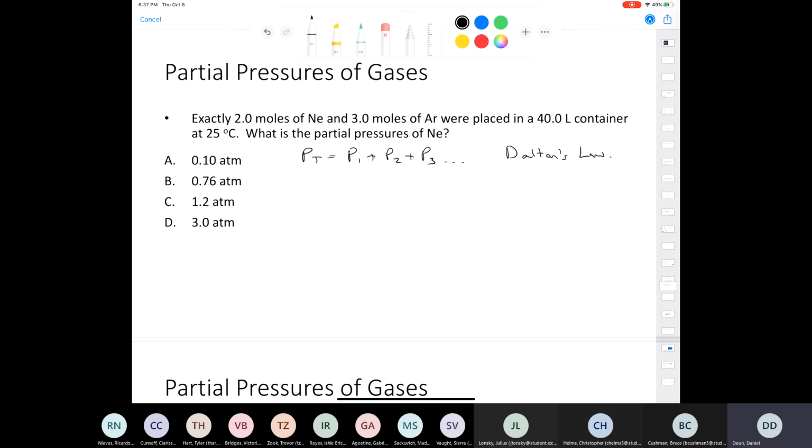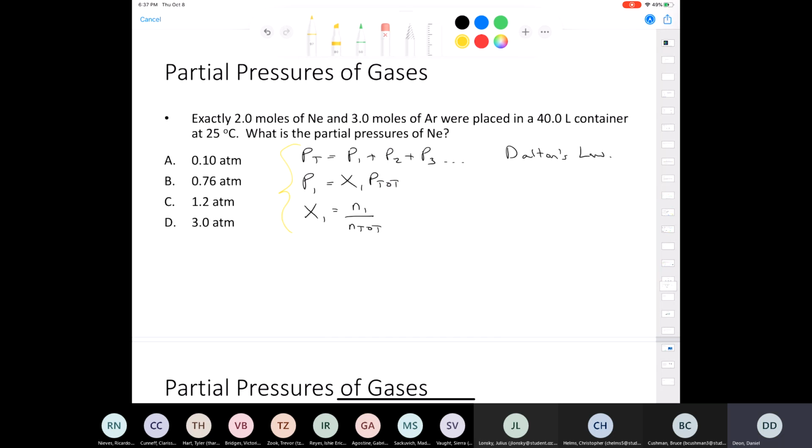And we also said that P of 1, for example, is equal to the mole fraction of 1 times the total pressure. And the mole fraction is equal to the number of moles over the total number of moles.